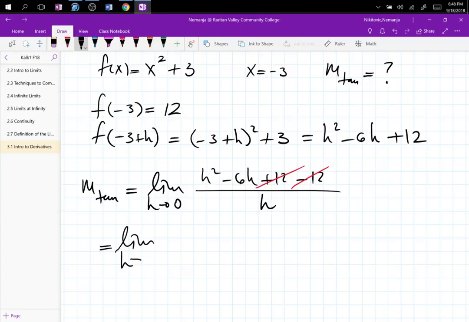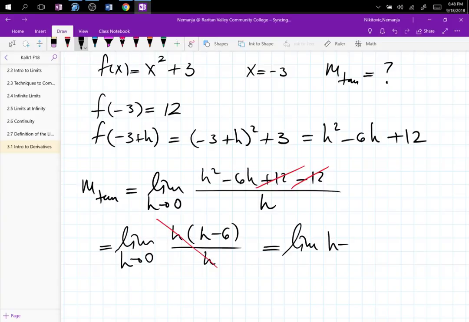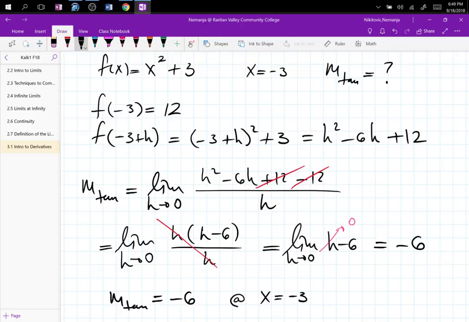So the limit as h goes to 0 of h minus 6 over h, these cancel, and we get the limit of h minus 6 as h goes to 0. We know that's going to be 0, and the answer is negative 6. So m tangent is negative 6 at x equals negative 3.